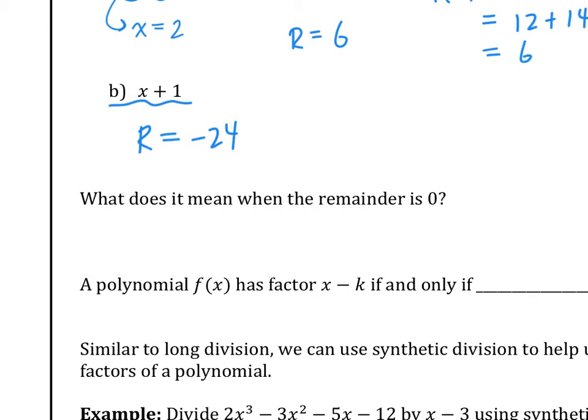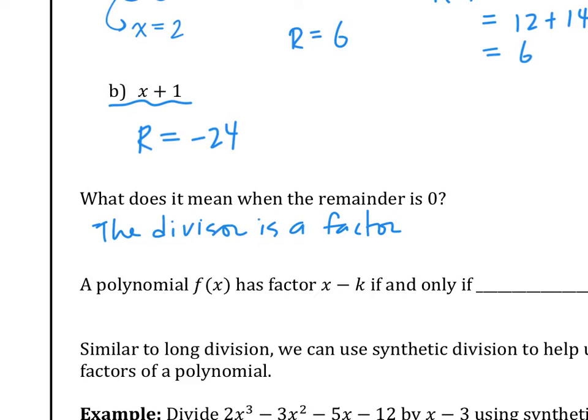Yes, it's a factor. So the main idea is when you get a remainder of 0, whatever you divide by is a factor. It means the divisor is a factor.